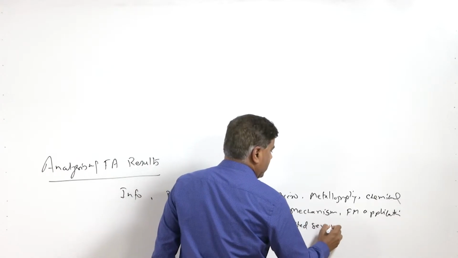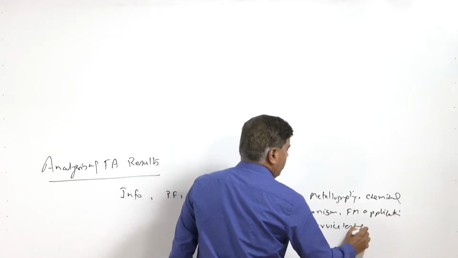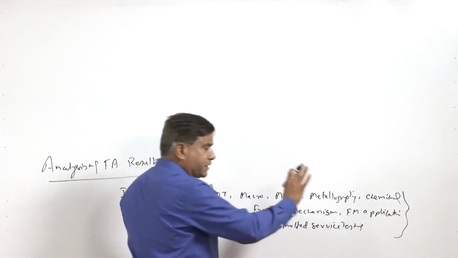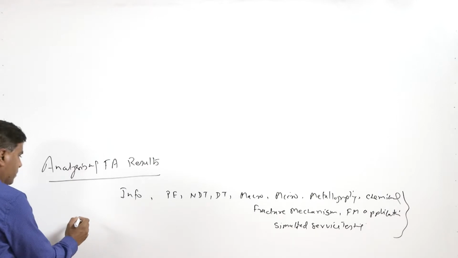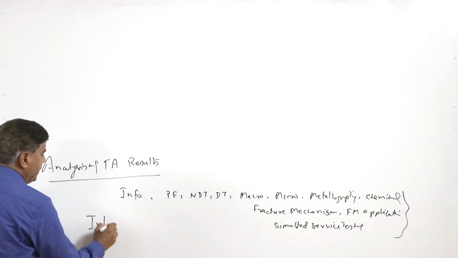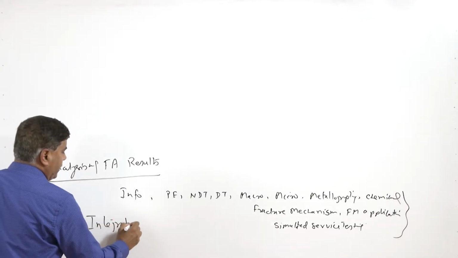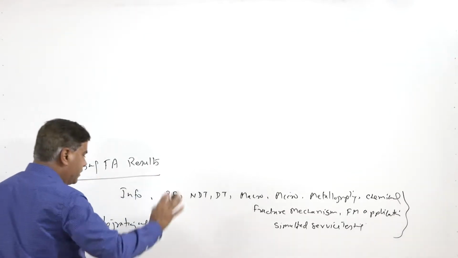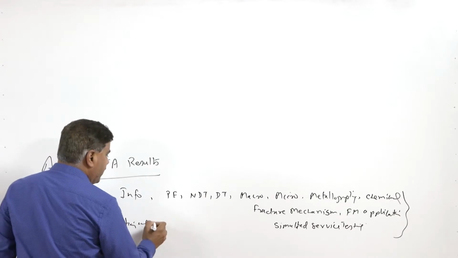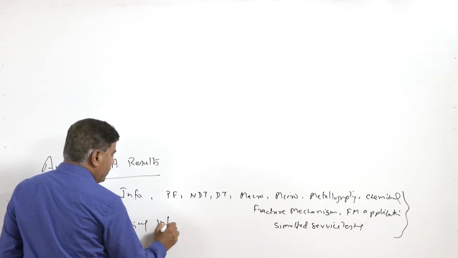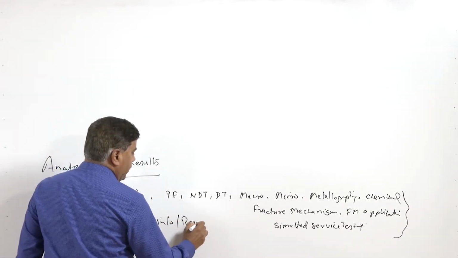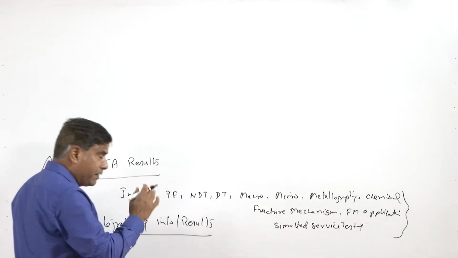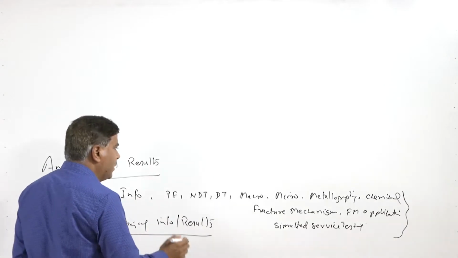and the fracture mechanics application in failure analysis, and if required then simulated service testing. So, the findings of the different stages of the analysis are used for the integration of the information and results obtained through the different tests and different interactions with the people who are involved.